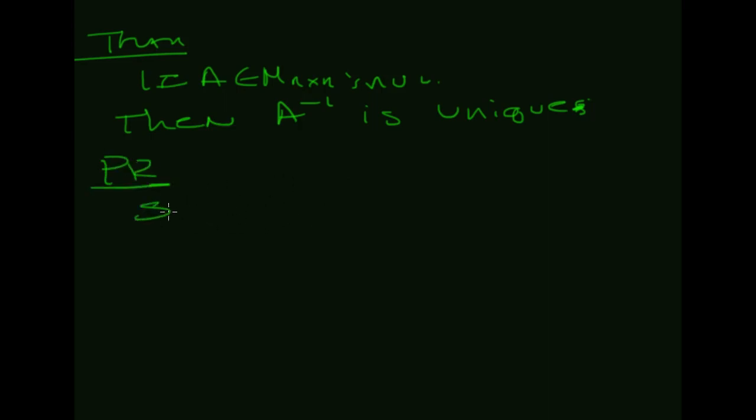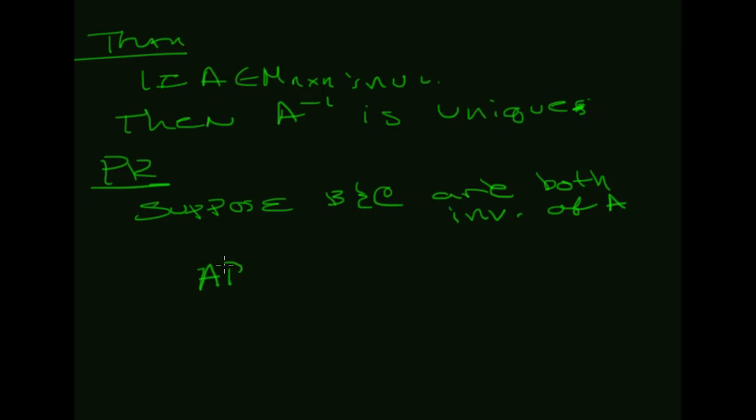So what you do is you suppose not. Suppose B and C are both inverses of A. Well, watch what happens. If I take A times B, I have to get the identity.